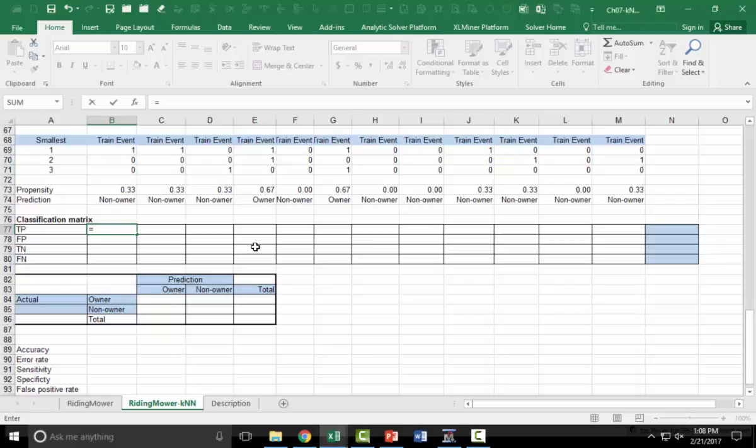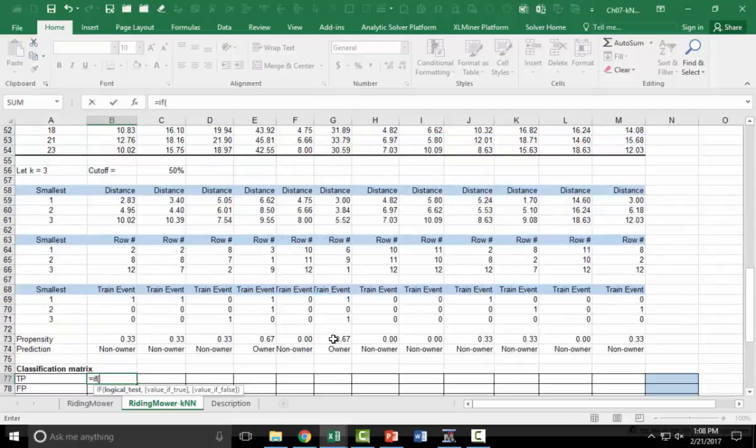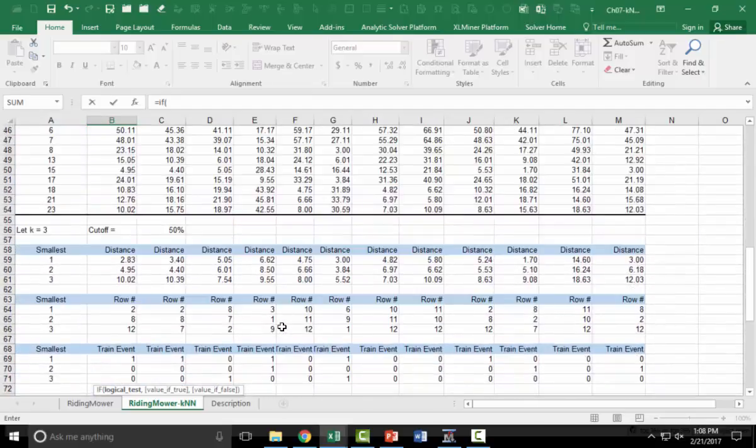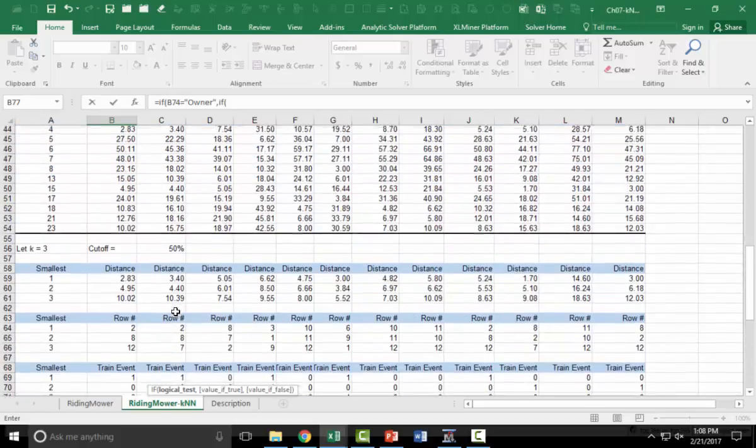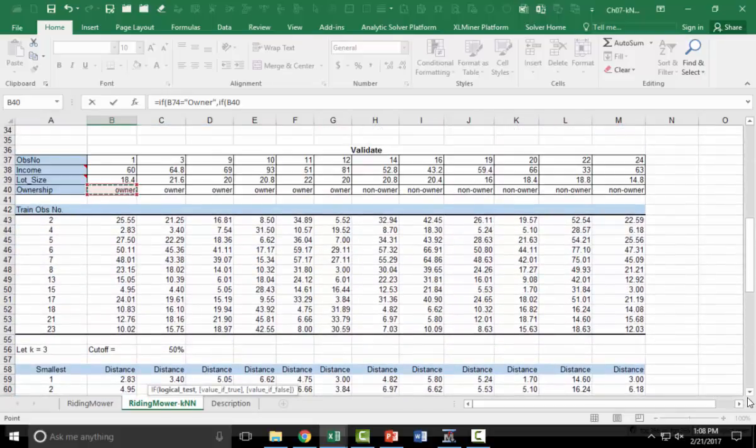So that would be if B74 is equal to owner, and also if B40 is owner.